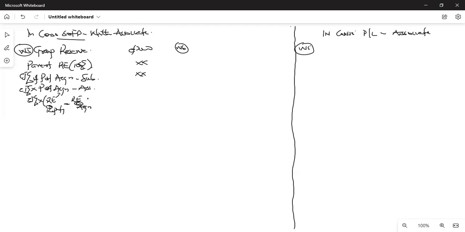Don't forget that if it is prorated in months, you also have to prorate it, okay? So once you compute it, you can now get your CI share in the associate.